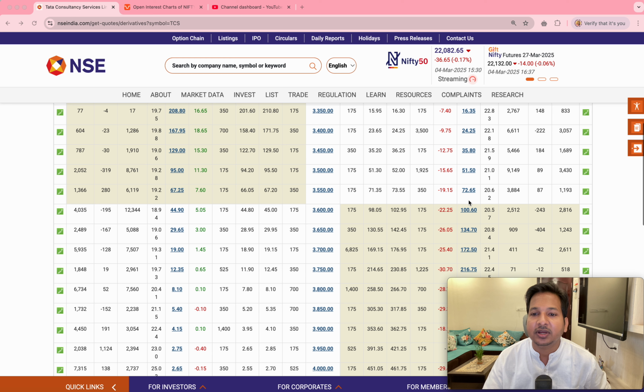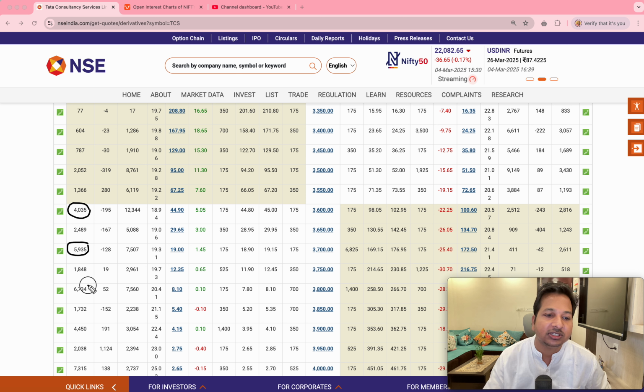First thing you can see is that on the call option side, the numbers are 4000, 6000 and almost 7000. On the put option side, the current price of the stock is trading near here.